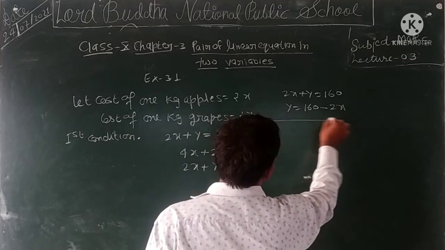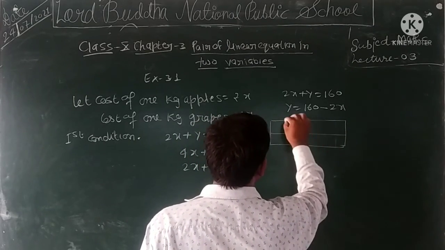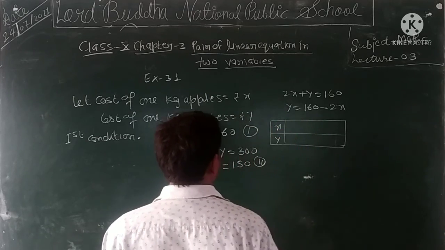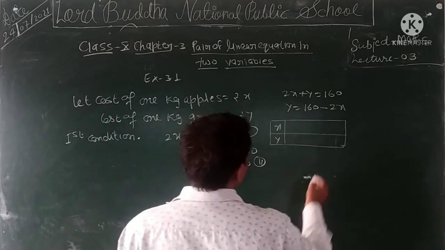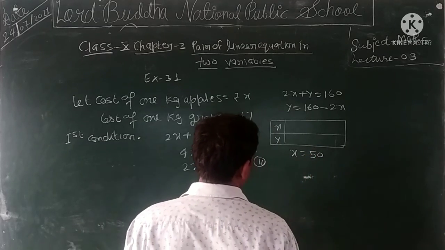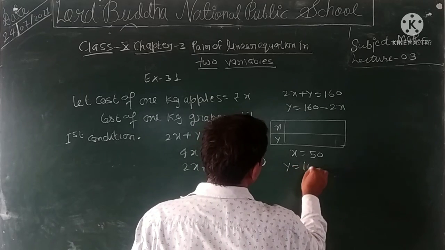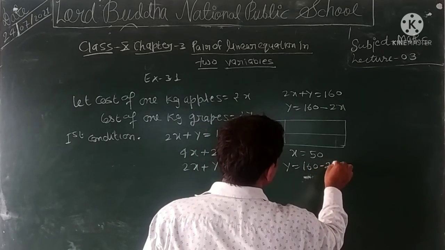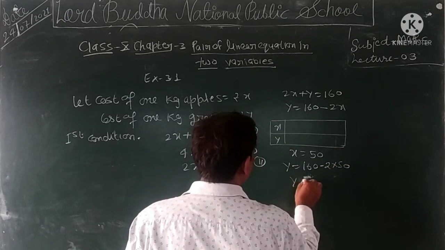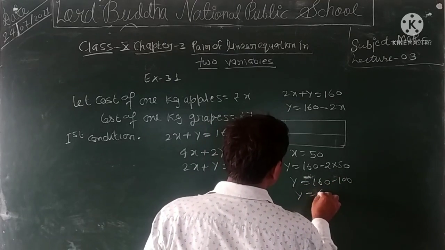Now we form the table for values of X and Y. Here we take X equal to 50. When X equal to 50, Y will be 160 minus 2 into 50, so Y equal to 160 minus 100, so Y equal to 60.